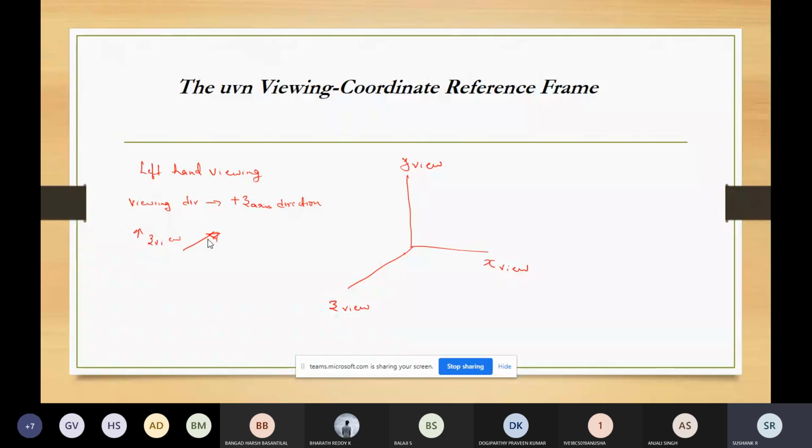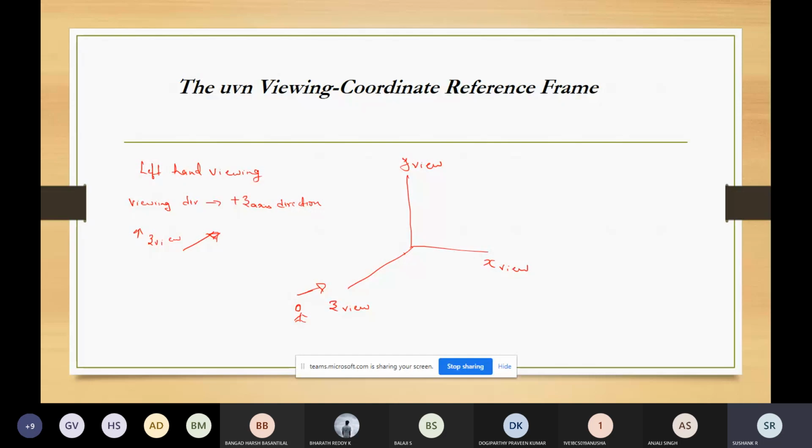As the value of z increases, these values are interpreted as being farther away. So the positive value of z in the left-hand system is viewed as the plane or object moving away along the line of sight.